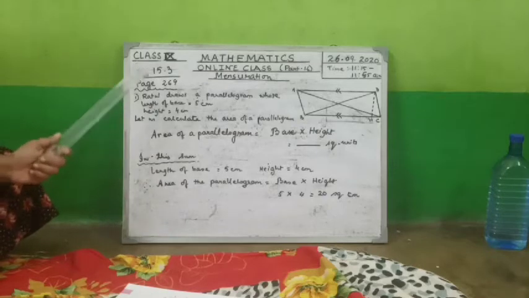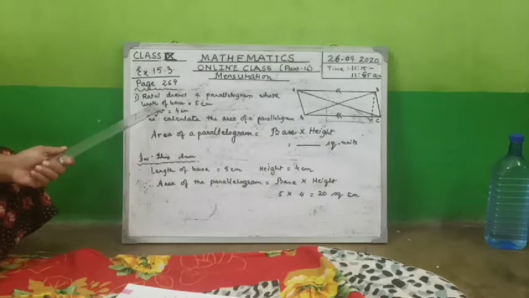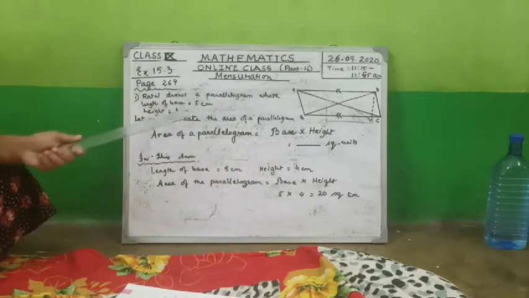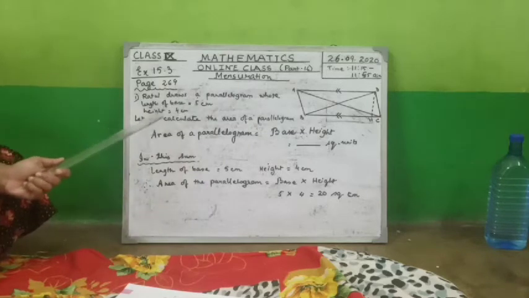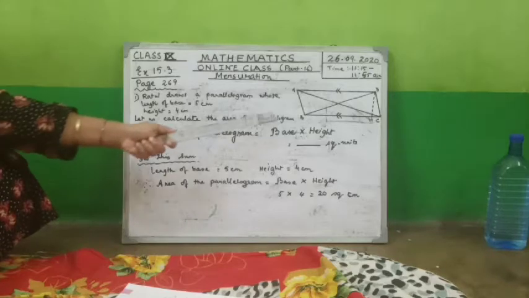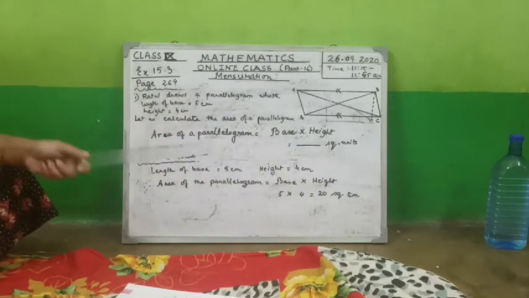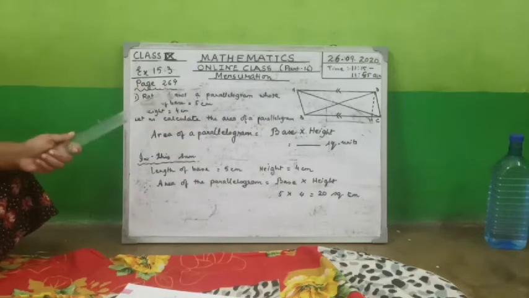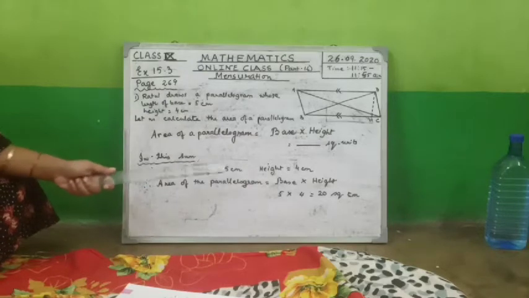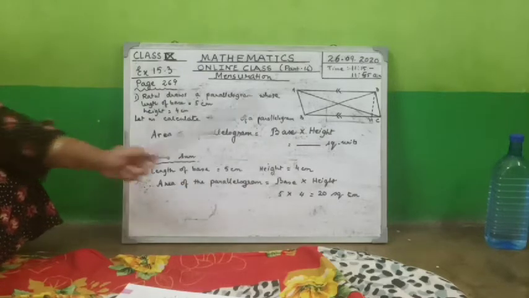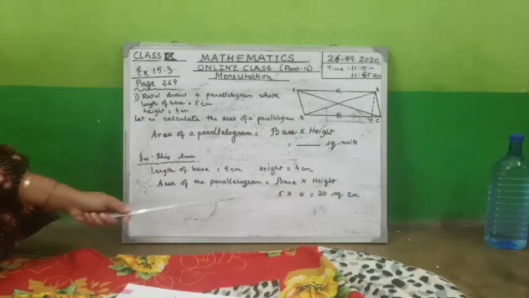Now in sum number 1, it is said Ratul draws a parallelogram whose length of base is 5 cm and height is 4 cm. Let us calculate the area of the parallelogram. So in this sum, we have been given the length of the base 5 cm and the height 4 cm. What is the area of the parallelogram?